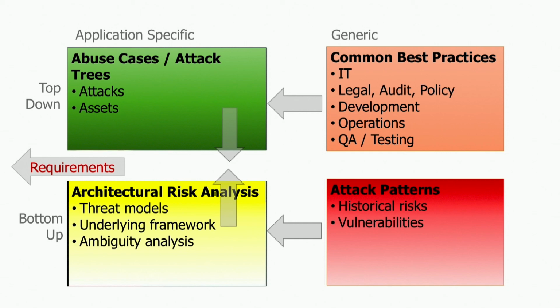And finally, on the bottom, architectural risk analysis. So we went in detail through threat models and the types of things that you need to implement into your system so that you can implement your system securely. So all of those are things that you would consider, and then ultimately from that, develop a comprehensive set of security requirements, functional requirements, non-functional requirements, and implied requirements, so that your system would be implemented properly.